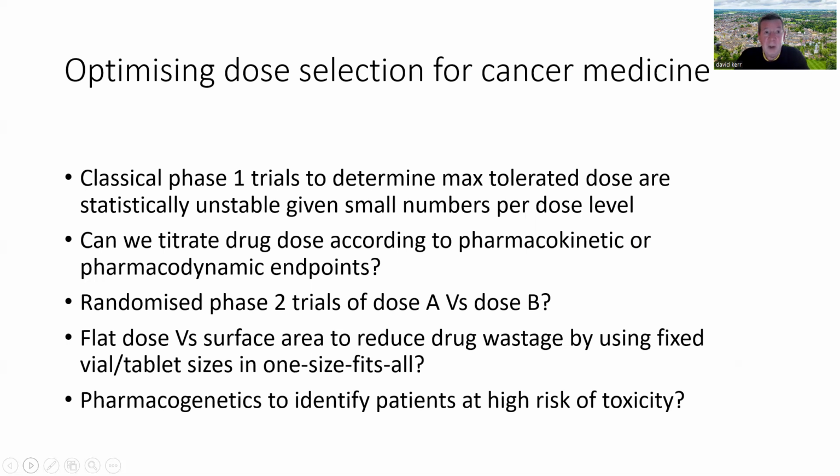We've done a lot of work using genome-wide association studies in which we look at germline genetic variants, often in the enzymes involved in metabolizing, deactivating the cancer drugs that we use in the clinic.